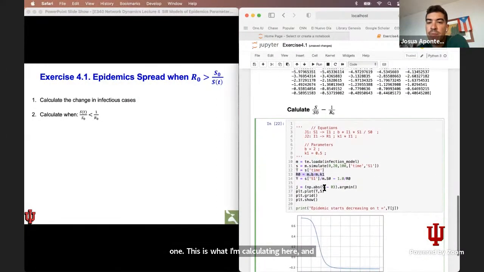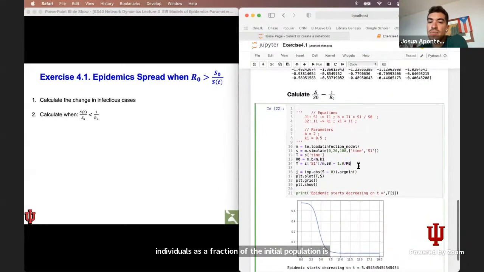What I'm interested in looking at is when the number of infectious individuals over the initial number, or the number of susceptible individuals as a fraction of the initial population, is smaller than 1 over R naught. And the way I do that is important.